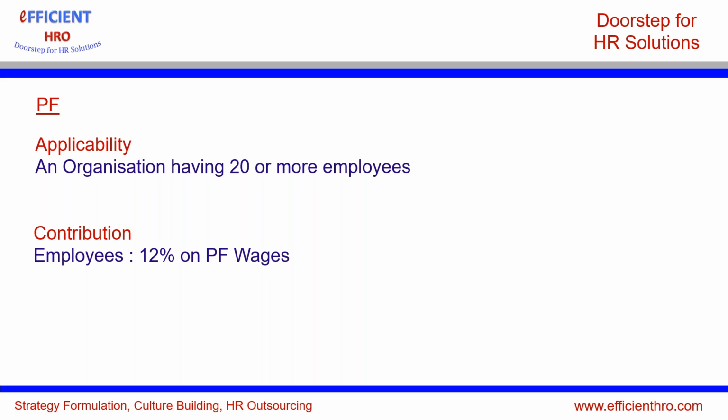For employers, there is a myth that employers also pay 12%. On the contrary, employers don't pay 12%. Employers pay 13% on PF wages. How it is 13%, I will share as we proceed. So remember well that the employee's contribution will be 12% and the employer's contribution will be 13%.